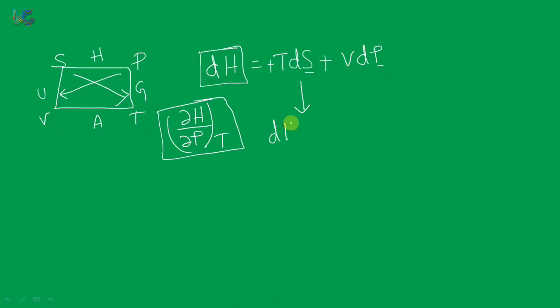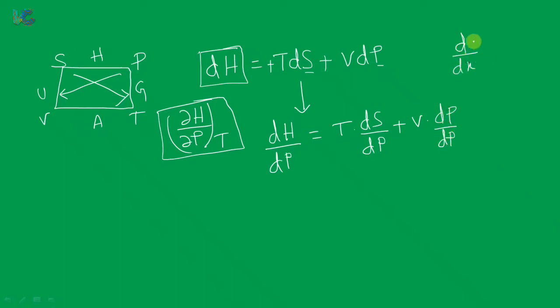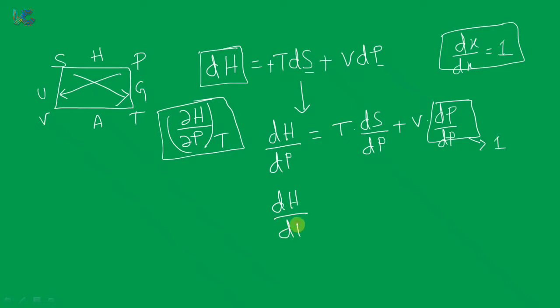You will get dH by dP is equal to T into dS by dP plus V into dP by dP. You know dx by dx is 1, so this part is equal to 1. So dH by dP is equal to T into dS by dP plus V.